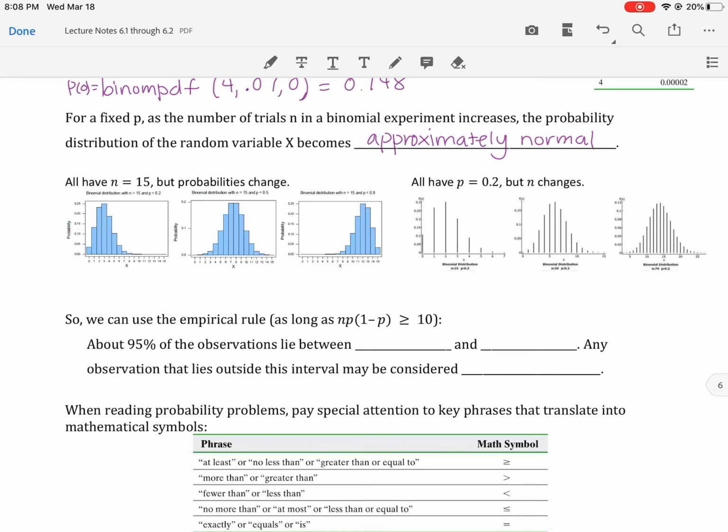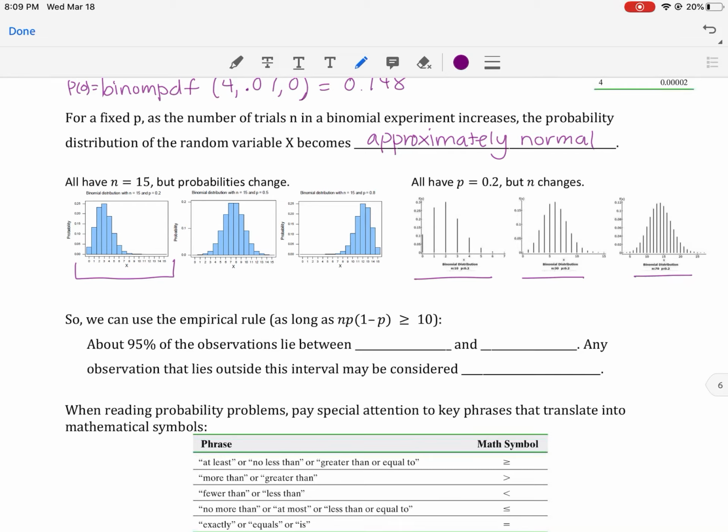So, as you look on the left side, these are 3 different probabilities, like a probability of 0.2, of 0.5, and then of 0.8, but they all have sample size n. So if I zero in on this one on the left, our sample size is n equals 15, but if n just equaled 10, I'd have something that looks skewed left. But as I increase it to 30 and then 70, notice how it becomes more and more normal.